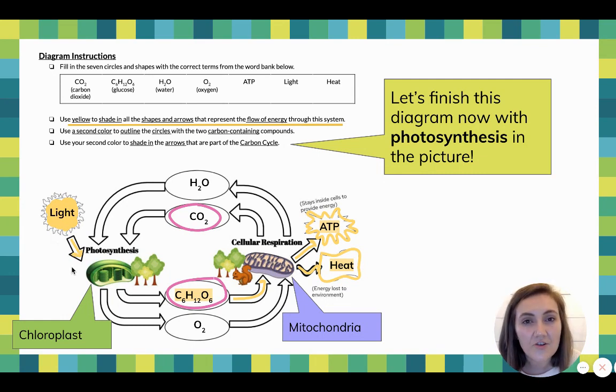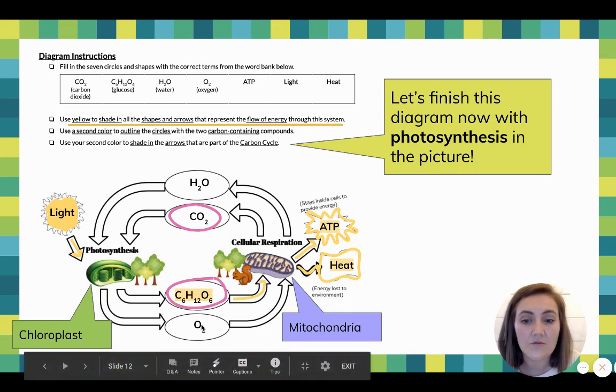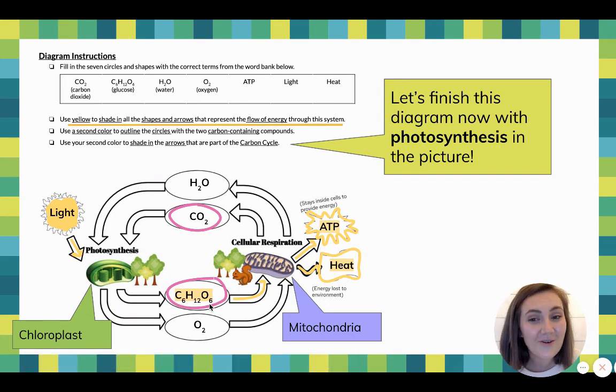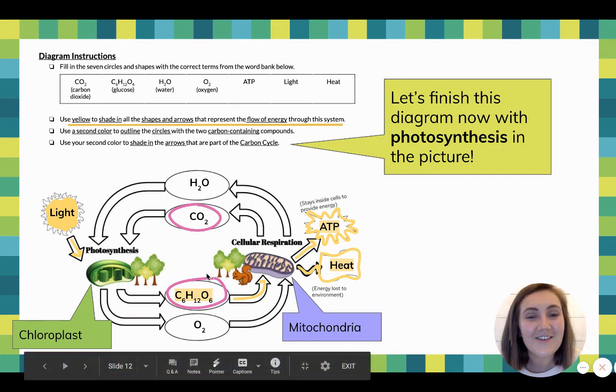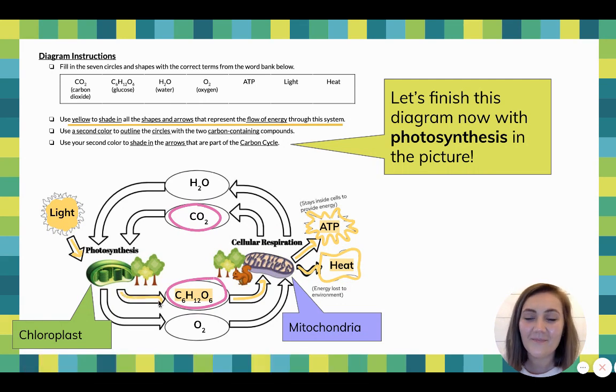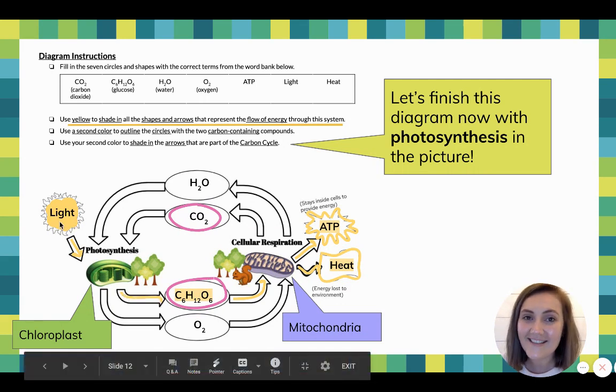And where's that energy now being transferred to? Is it being transferred to the oxygen or the glucose? Hopefully you said glucose because you remember from the previous screencast. So we're going to shade in this arrow here, yellow. So that's showing the transfer of light energy into chemical energy. It's now being stored in the bonds of glucose.